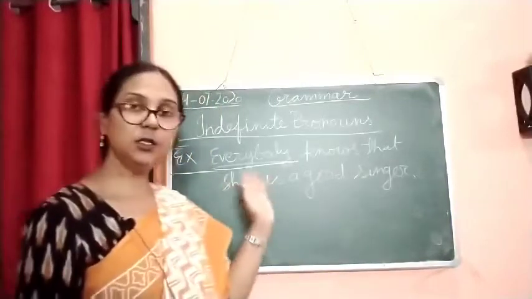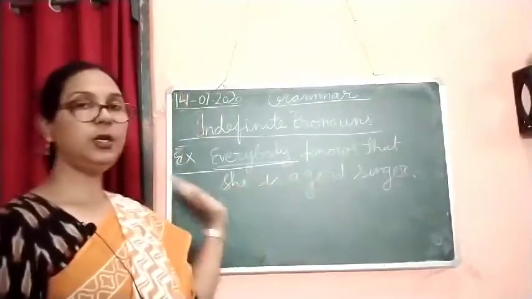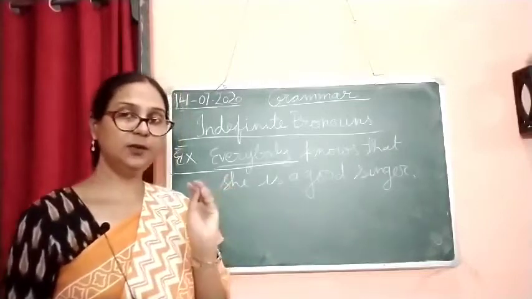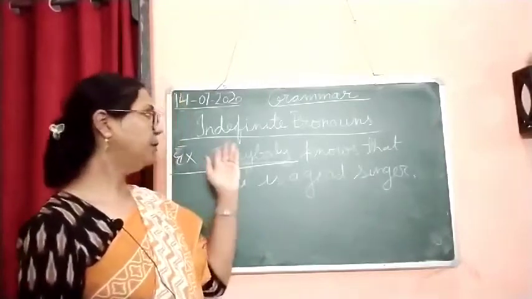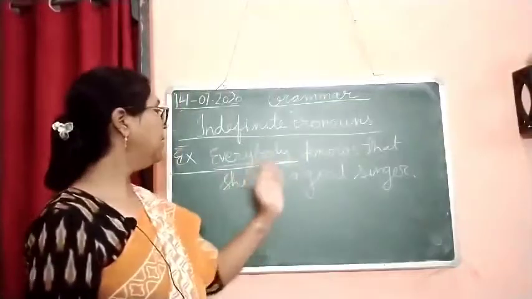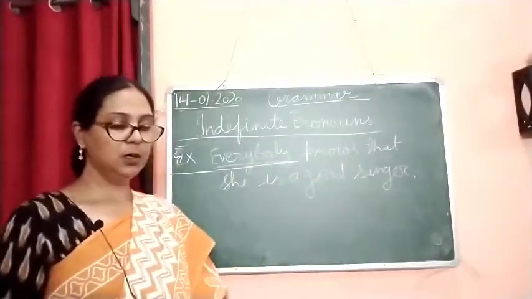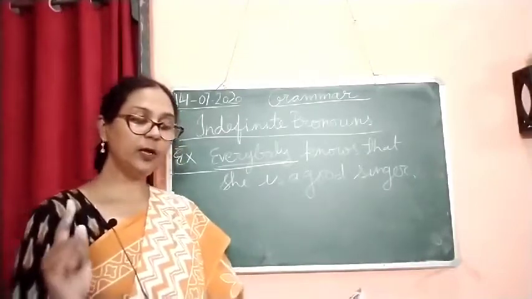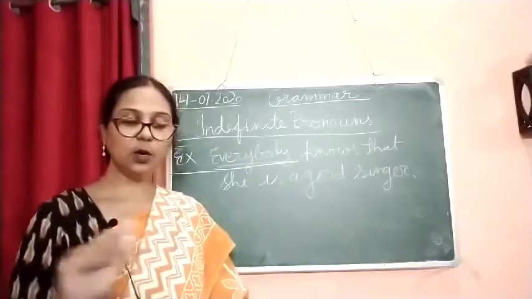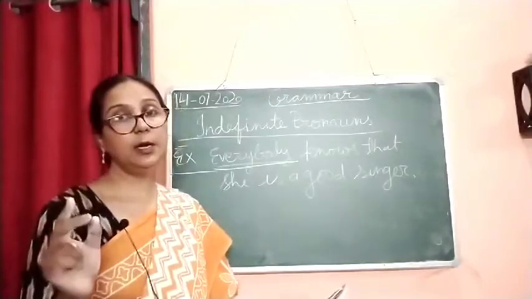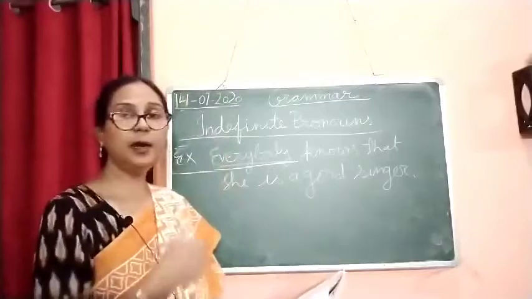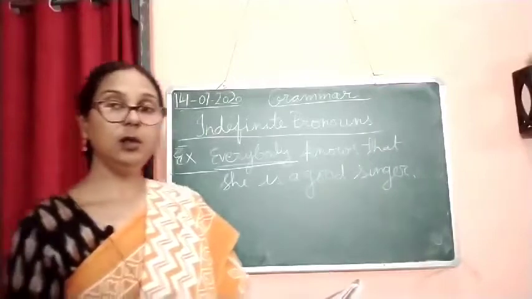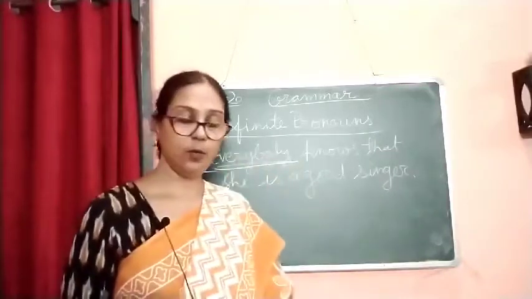So the opinion about her is general. So in general we are using this. We are not going to specify in this indefinite pronoun. So everybody and anybody. The second example I am going to give: when I joined my new school, I did not know anybody. So anybody, everybody, these are all used in general. So that is called an indefinite pronoun.